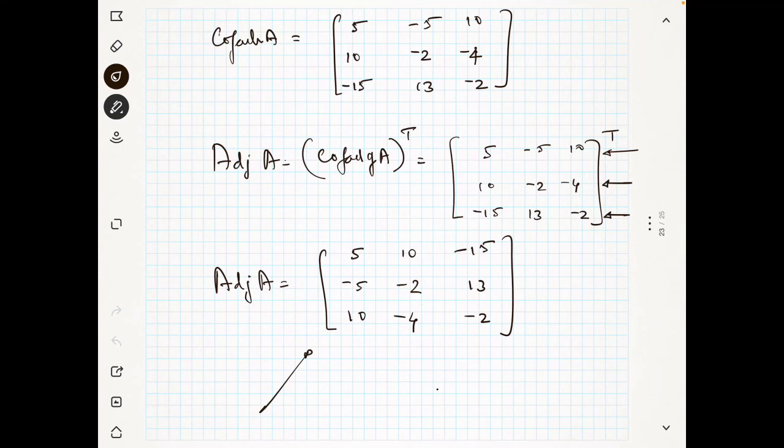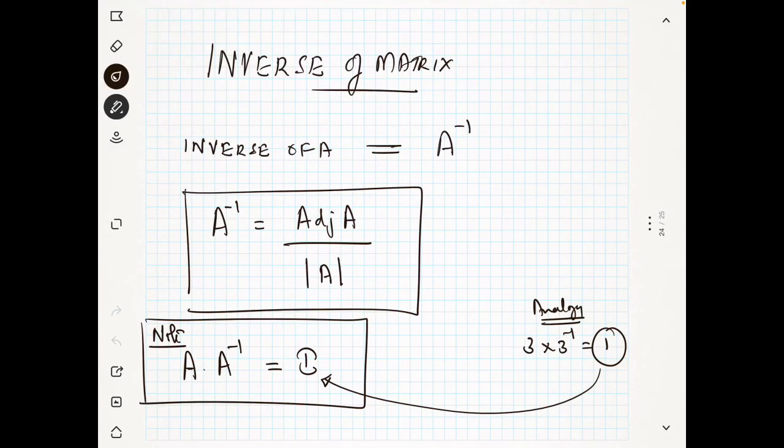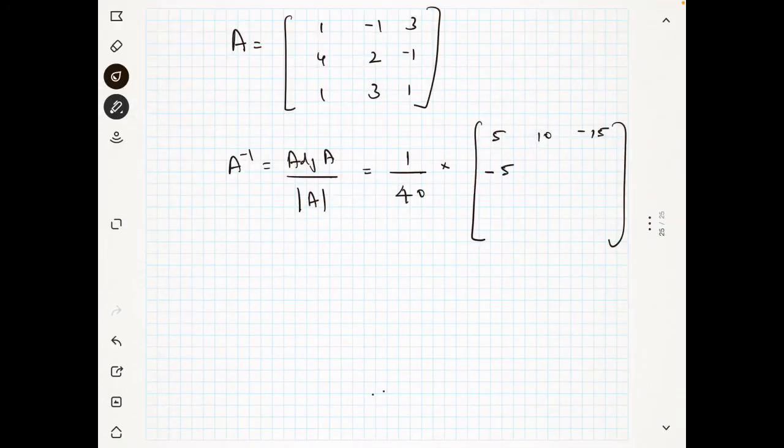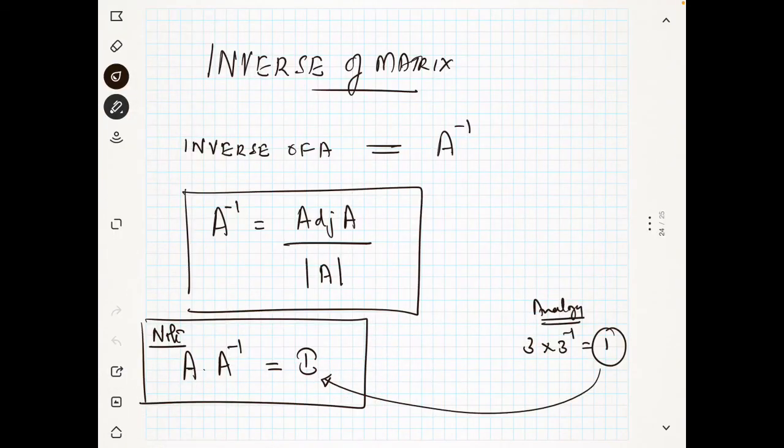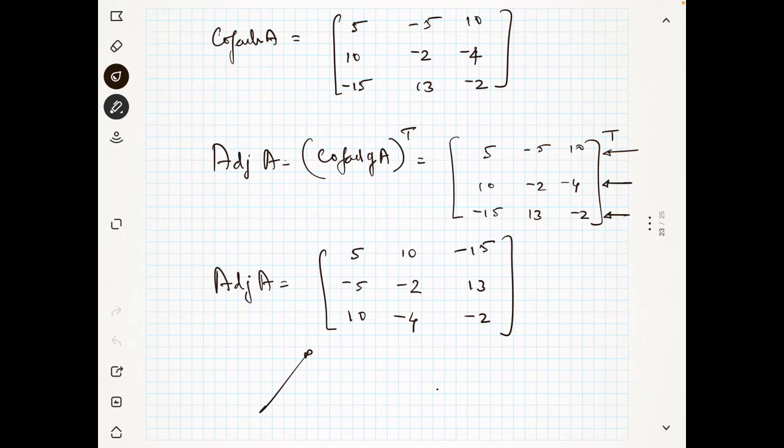Then 10, minus 2, minus 4, like this. So it is 5, 10, minus 15, minus 5, minus 2, 13, then 10, minus 4, minus 2.